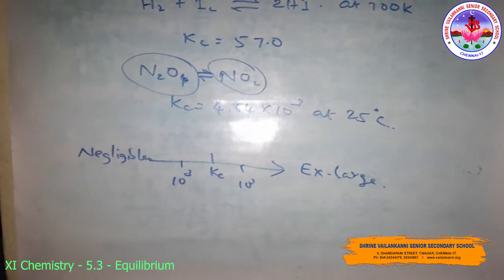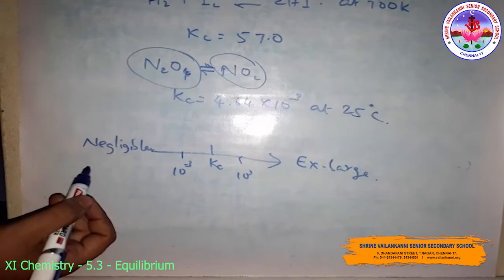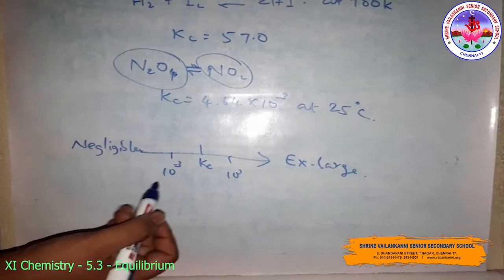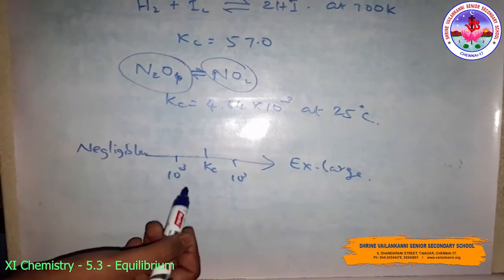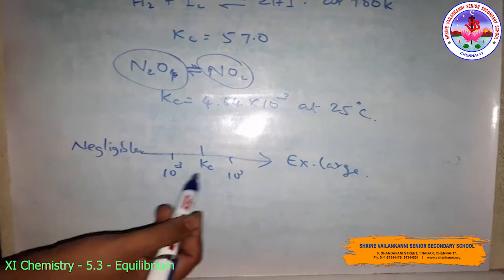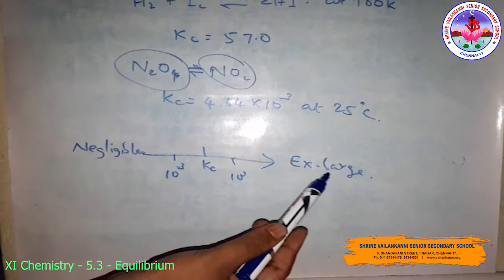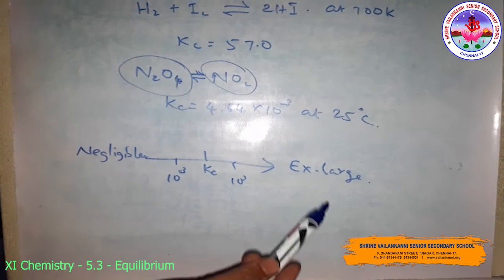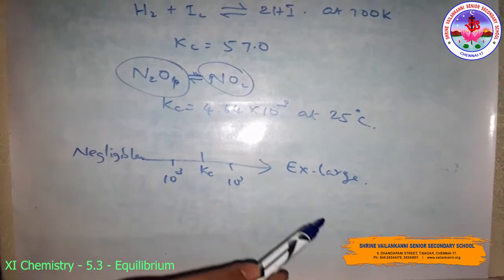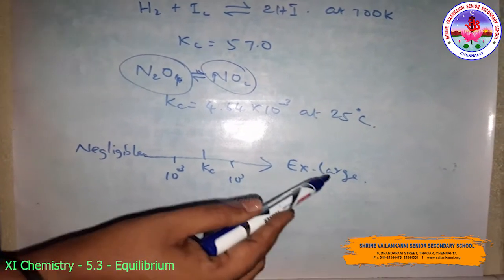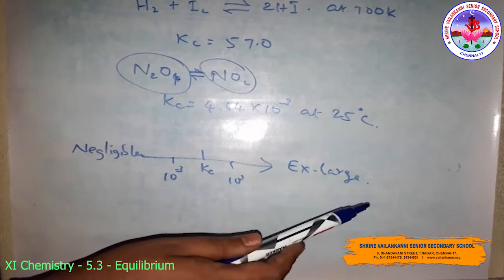So here the reaction hardly proceeds. Here both reactants and products are present at equilibrium, and here the reaction proceeds almost to completion. So this is predicting the extent of reaction.